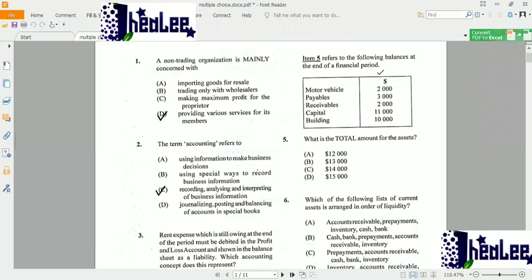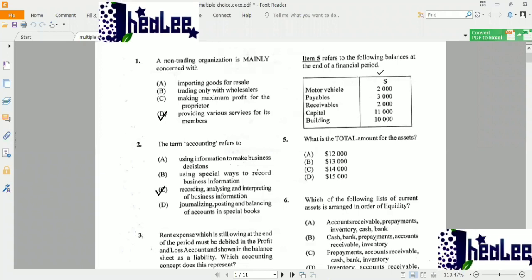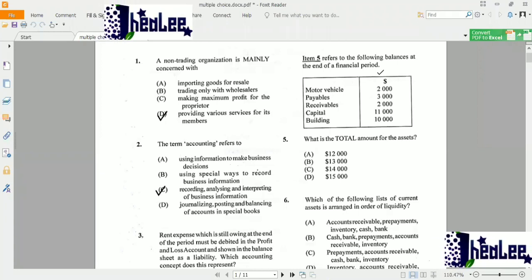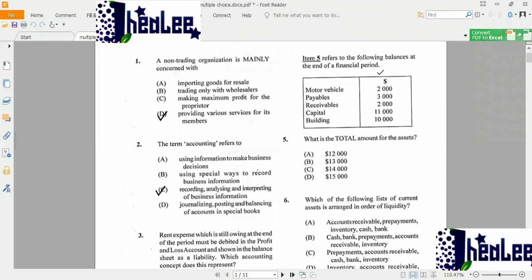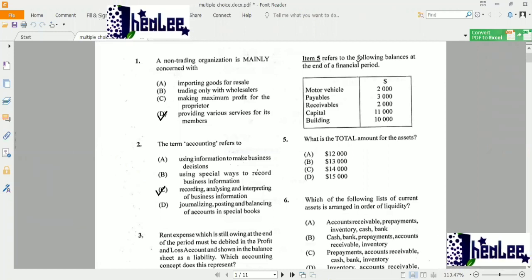Oh, good. So you're advised to read through your questions and analyze them carefully before you respond to any question, especially when you're doing multiple choice, because there are usually two items that are close to each other, where you need to analyze and select the best one. So here we go.